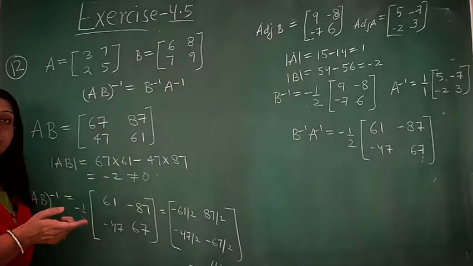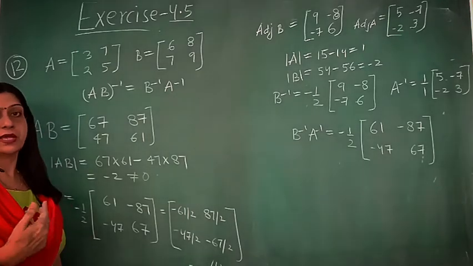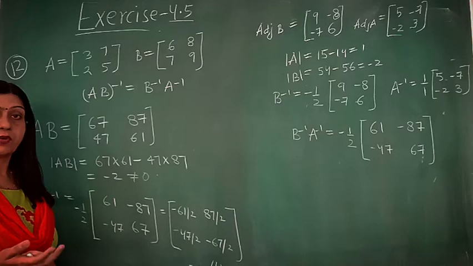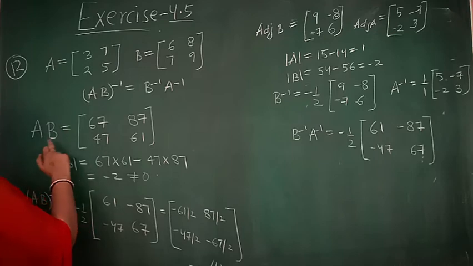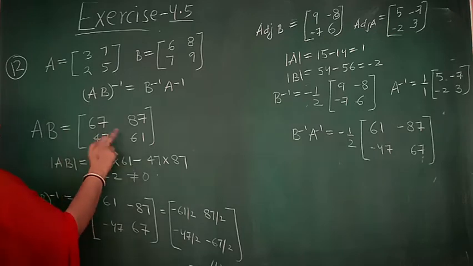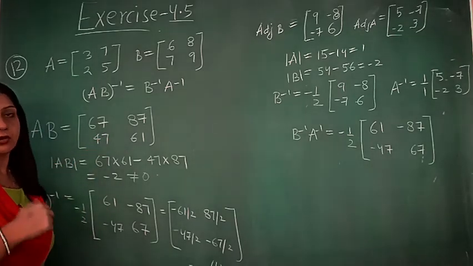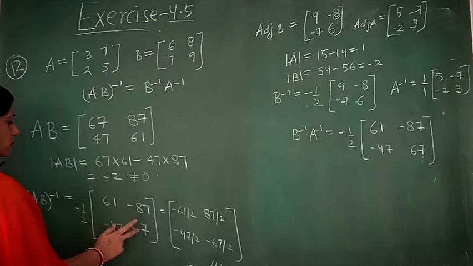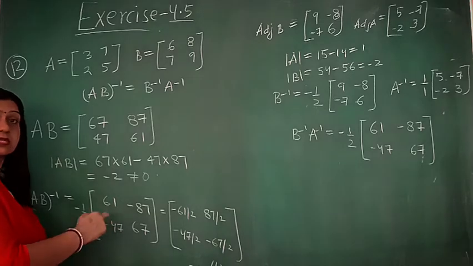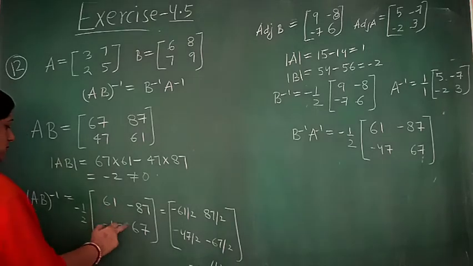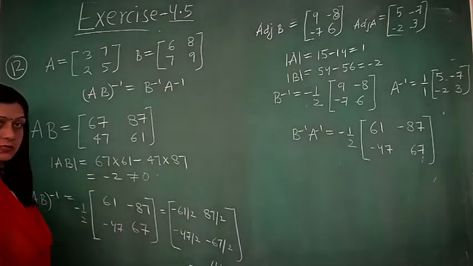As you all know, if it is a 2 cross 2 determinant, you can directly find the adjoint by interchanging the diagonal elements and changing the sign of the non-diagonal elements. Here you are going to find the inverse of AB. When you do this and multiply it by 1 upon the determinant, you will get this.